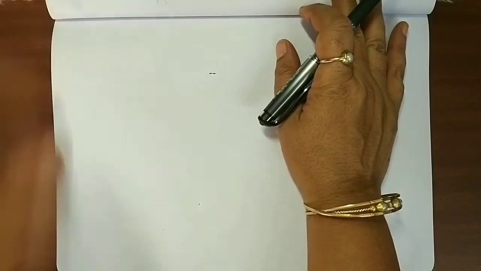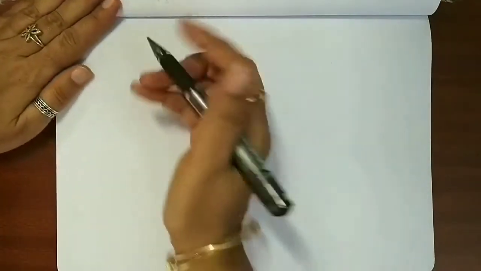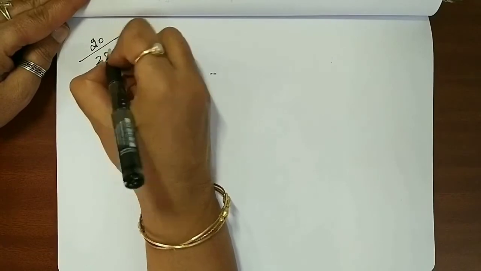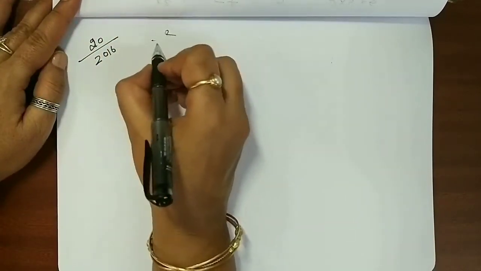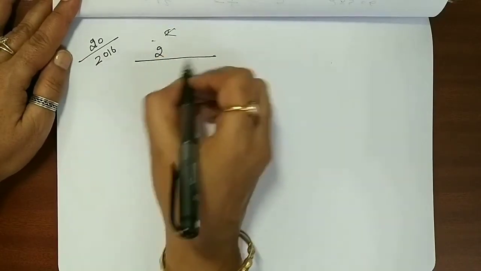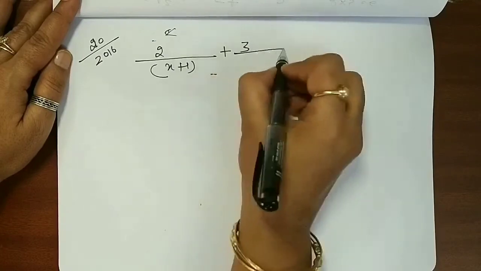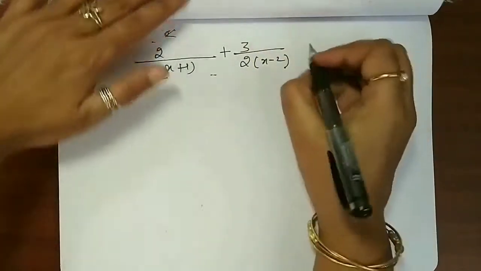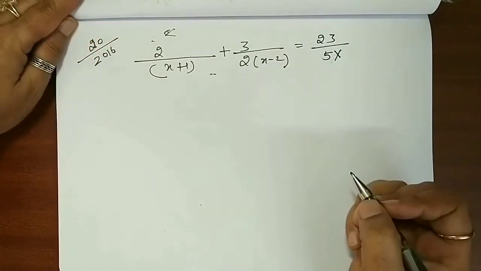So guys, let me solve one more question for you guys. Here is the question number 20 from paper 2016 year. Here is 2 by (x plus 1) plus 3 by twice of (x minus 2) is equal to 23 by 5x.